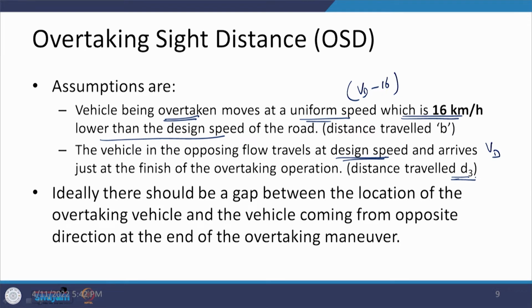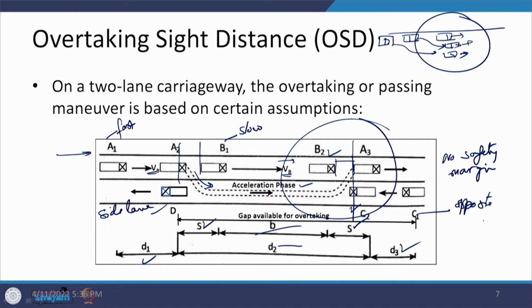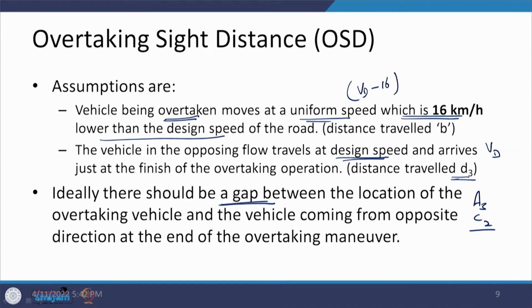Ideally, there should be a gap between the locations A3 and C2. I will go back; this is A3 and C2. There should always be a gap between these two for a safer overtaking operation, but that is not discussed when we consider the calculations related to OST.